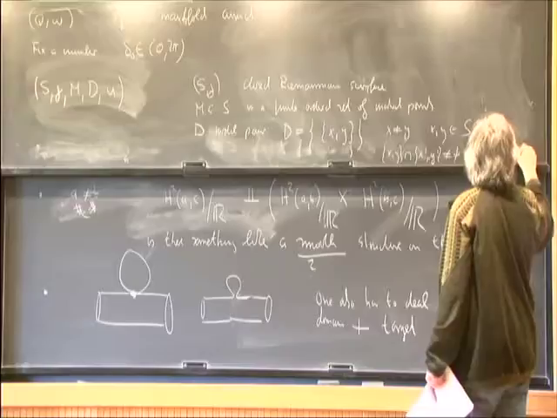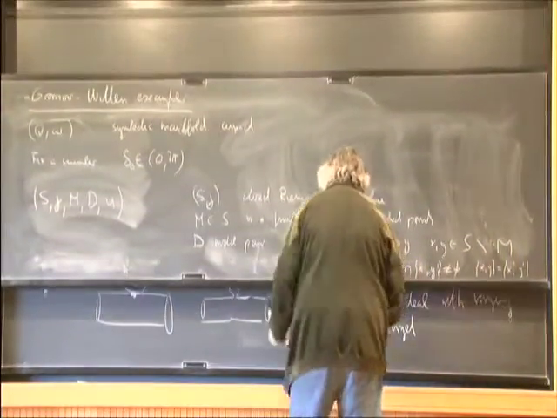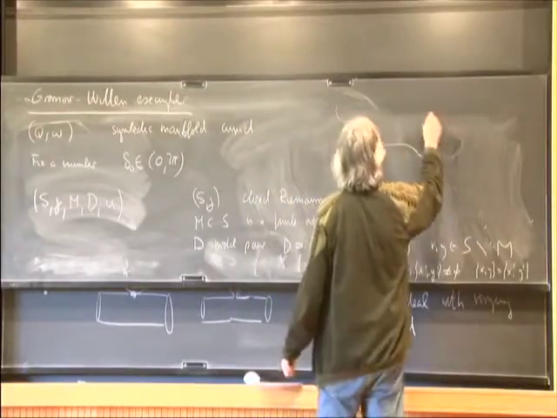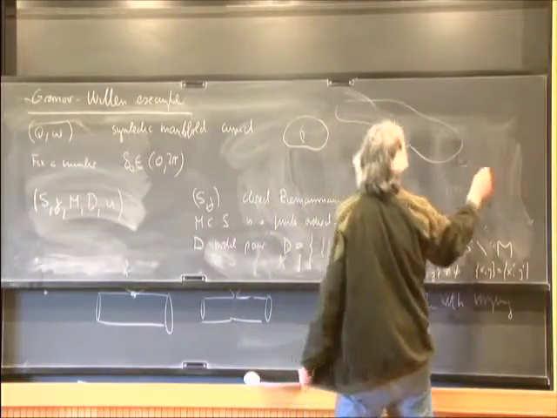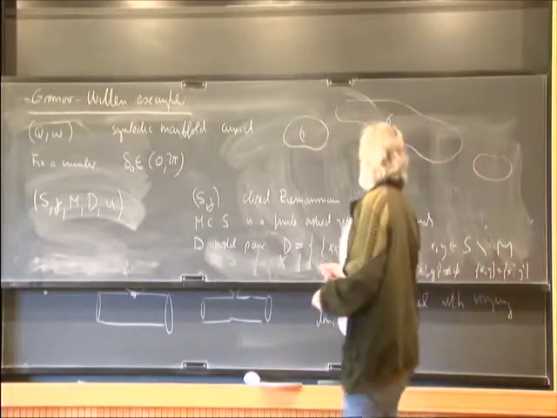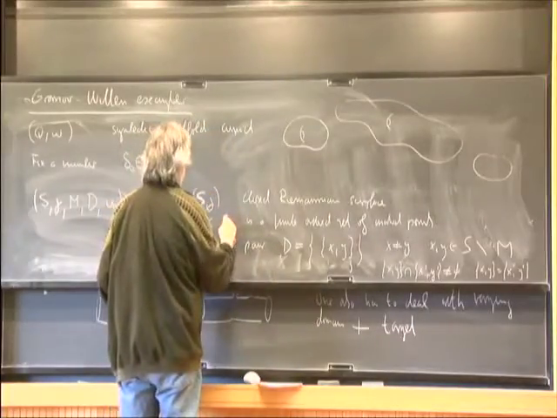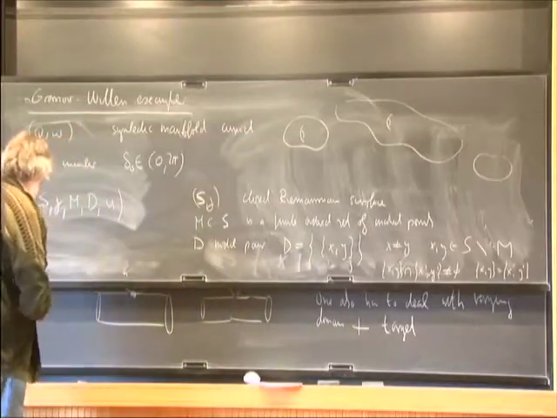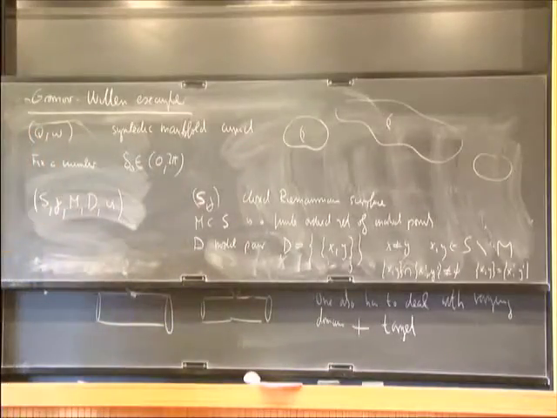I'll draw you a picture in a second. So you would think of this as follows. Here is my S. J is a complex structure on S, a smooth almost complex structure giving the orientation.